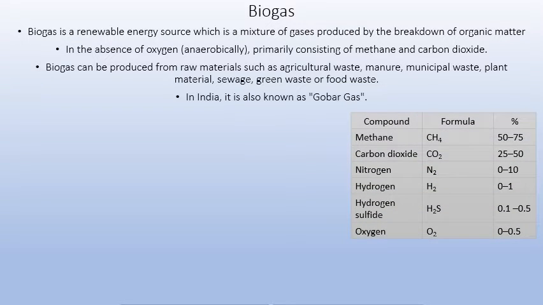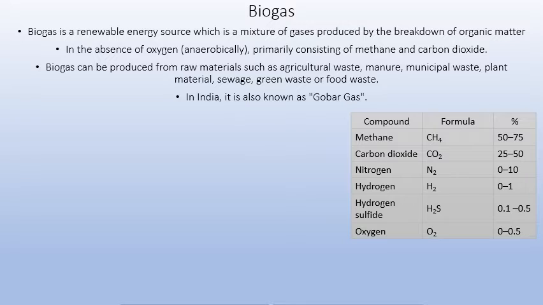So when the final output is produced, we get a lot of gases mixed together, and this is the combination of the gases we get. The three dominant gases are methane, carbon dioxide, and nitrogen. But in some cases, the third dominant gas would be hydrogen sulfide instead of nitrogen.